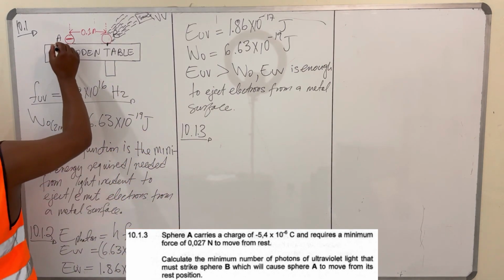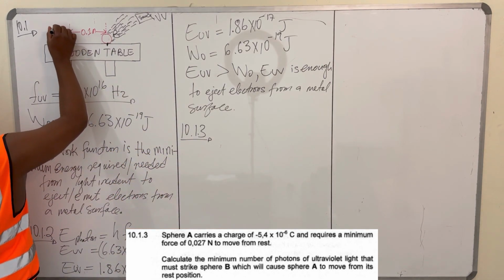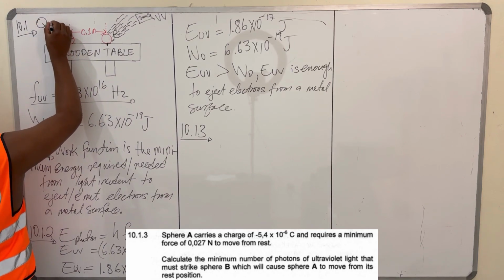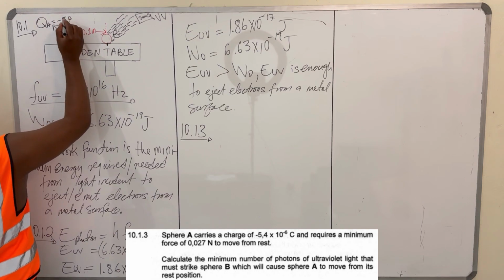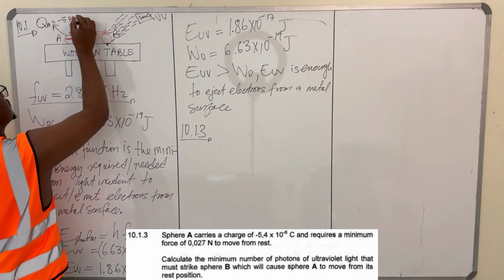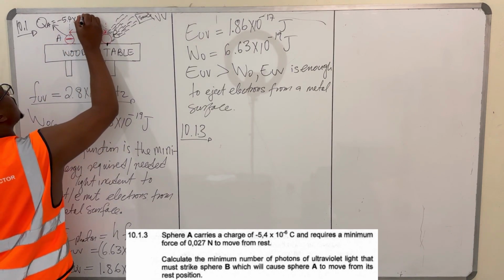So now they're telling us the charge of A is minus 5.4 times 10 to the power minus 6 coulombs.